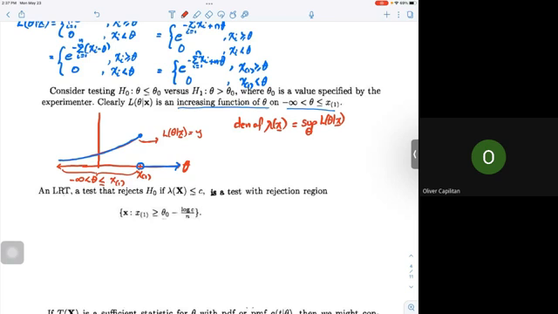So this will just be equal to the likelihood of the minimum order stat given our sample. Okay? That is the denominator of our likelihood ratio test statistic. What about its numerator? What is the numerator of lambda of x?